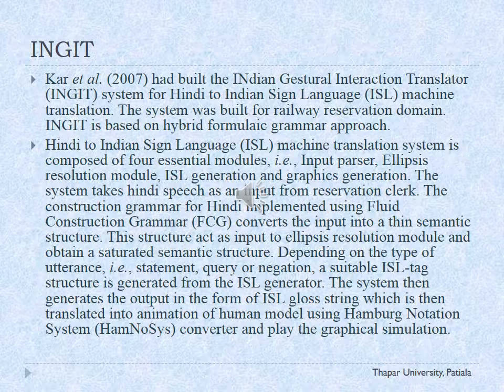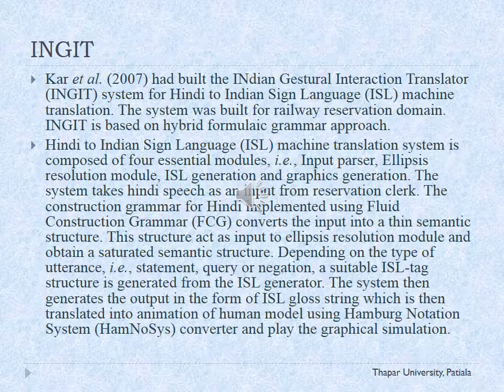In this system, it takes the input in the form of Hindi sentences or speech from the reservation clerk. The construction grammar for Hindi implemented using FCG converts the input into a thin semantic structure, which then acts as input to the Ellipses resolution module, and it generates the structure.